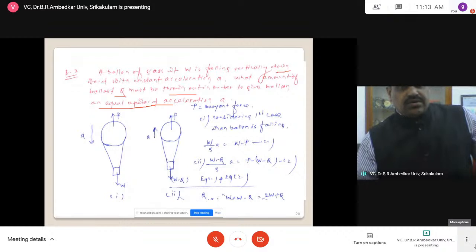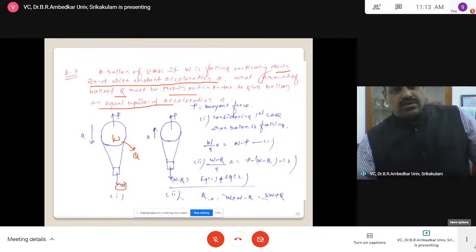This is a downward constant acceleration. But the second case is, what amount of ballast Q must be thrown. From here you have to throw the Q. Then we'll get, this is W, that is there. If you throw out, this is the component.